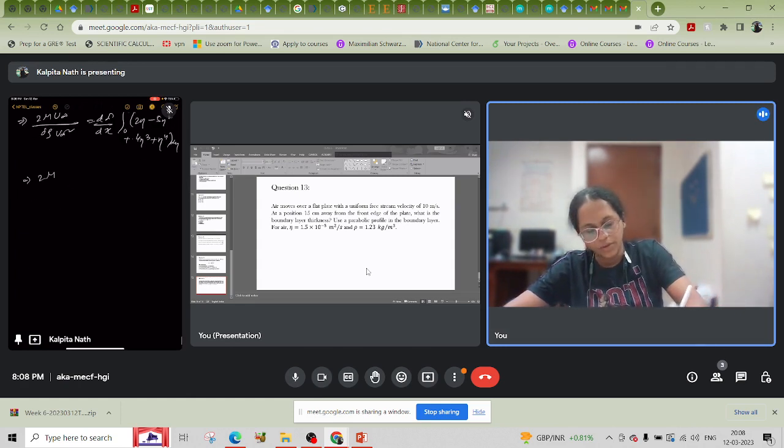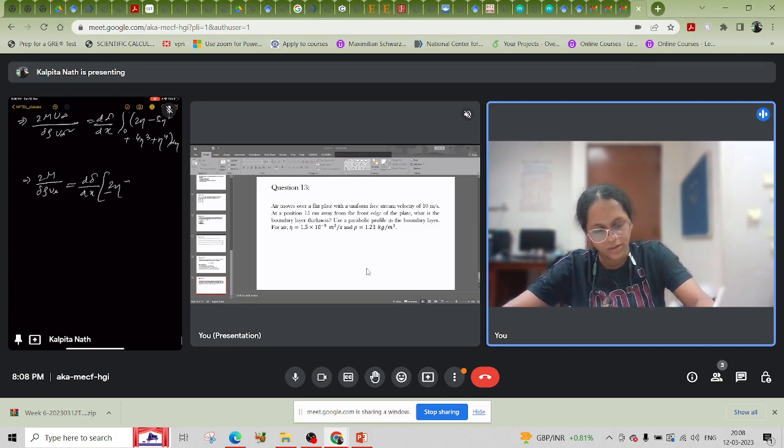Or 2 mu by delta rho u infinity is equal to d delta by dx times 2 eta square by 2 minus 5 eta cube by 3 plus 4 eta to the power 4 by 4 minus eta to the power 5 by 5, from 0 to 1.